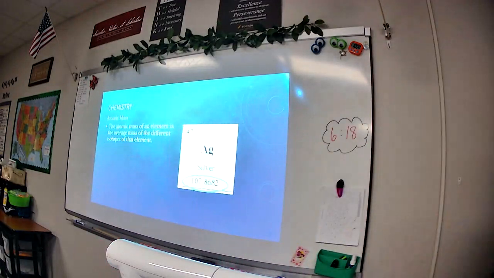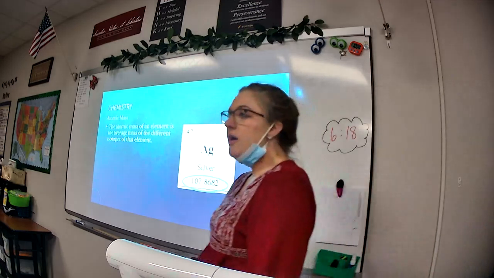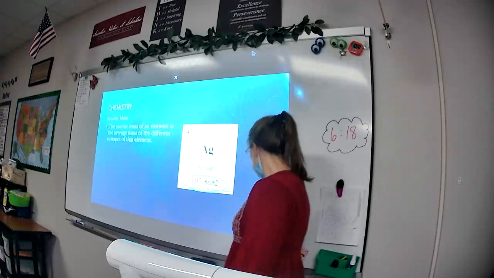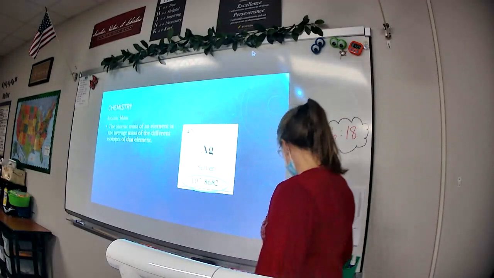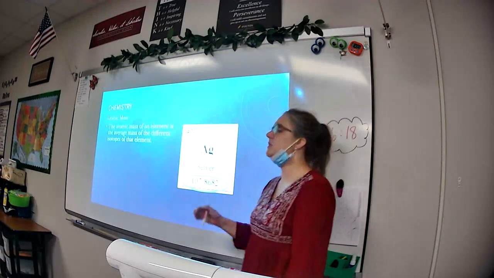Okay? Alright, atomic mass. The atomic mass of an element is the average mass of the different isotopes of that element. So, the decimal number up here is the bottom number. On my chart, it's the bottom number as well. But it's always the decimal number.